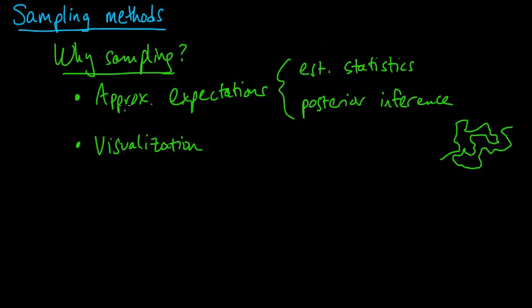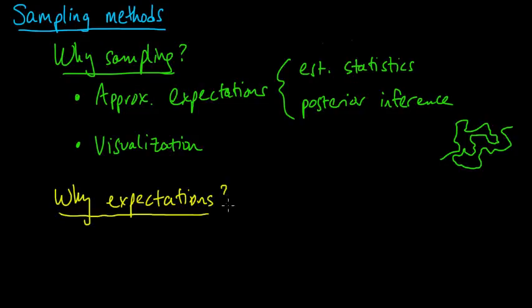Okay, so I claimed that approximating expectations was a very general sort of thing. And why is that? You might think expectations are a very special thing, just the mean of a distribution. Why is that so general? Well, the first thing to note is that any probability is an expectation. Why is that?